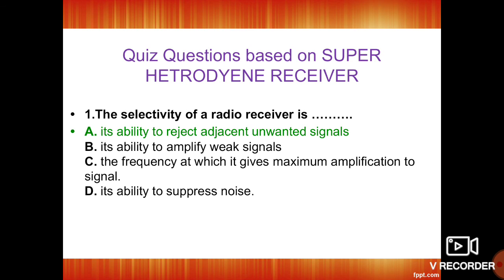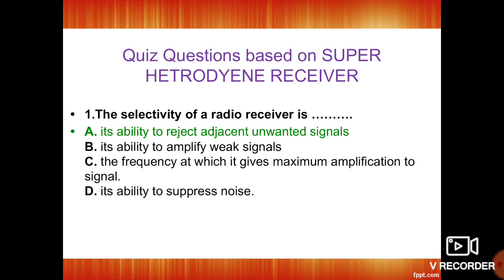That is called image frequency rejection in the superheterodyne receiver. The superheterodyne receiver is better compared with the tuned radio frequency receiver. Here the selectivity of the receiver is better, and since IF amplifiers are narrow band and operate only in the intermediate range, the design of IF amplifiers is also simple, so it is better compared with all the other receivers.